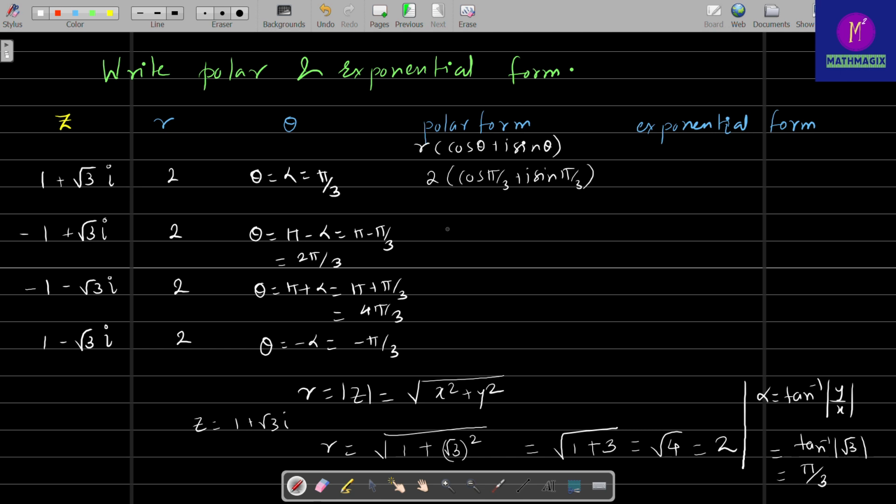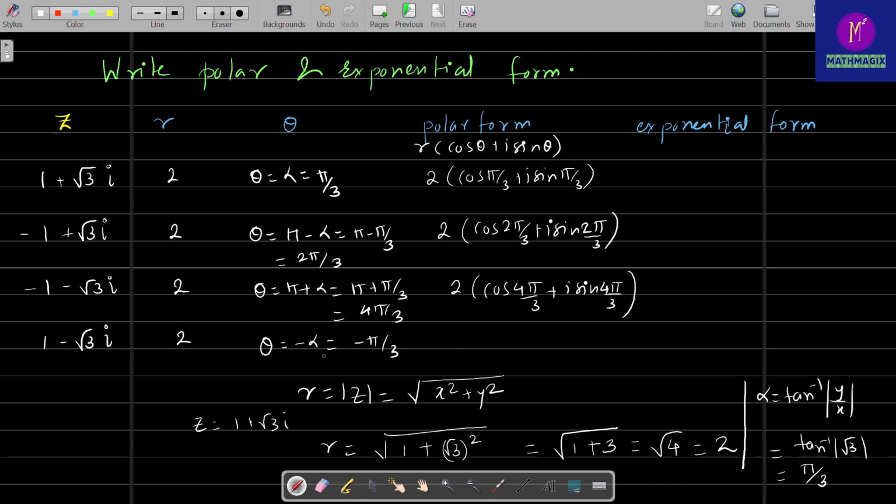For minus 1 plus root 3i, again r is 2 and the polar form will be cos 2 pi by 3 plus i sin 2 pi by 3, as theta is 2 pi by 3. For minus 1 minus root 3i, the polar form is 2 into cos of 4 pi by 3 plus i sin 4 pi by 3, as theta is 4 pi by 3 and r is 2.